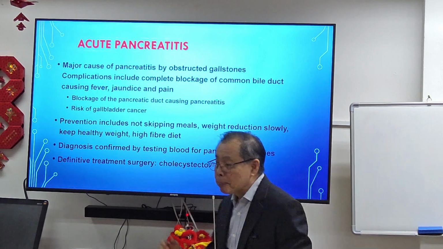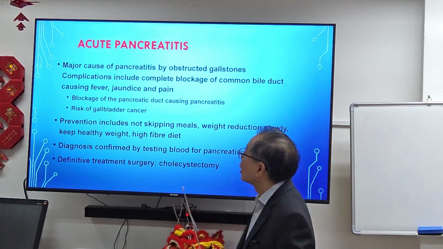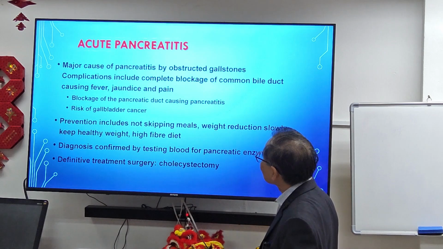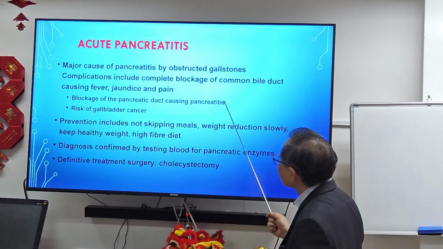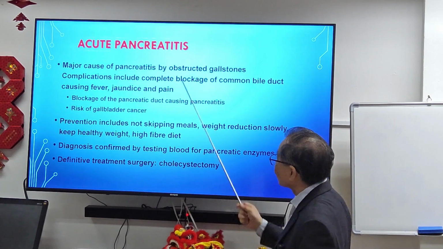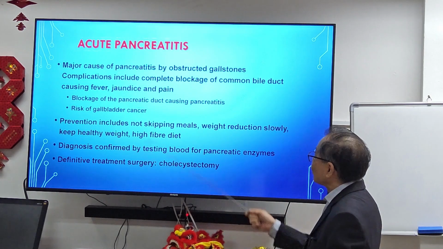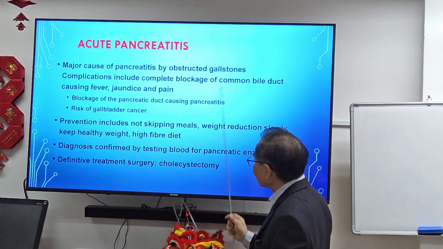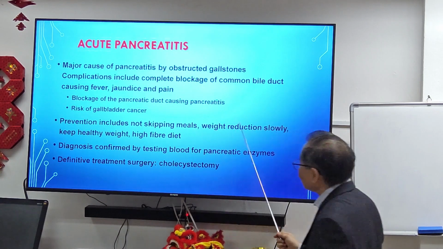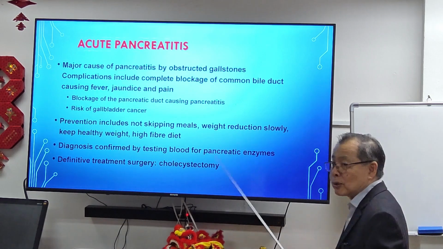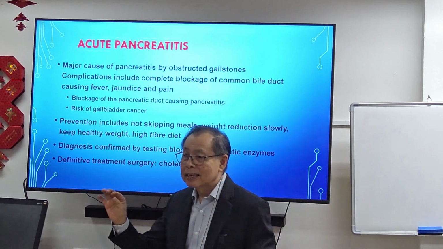Pancreatitis. Pancreatitis usually occurs as a result of obstructive gallstone. Complications, usually the blockage, causing fever, jaundice and pain, with all the risks therein. Prevention, you don't skip meals, reduce your weight, keep healthy, high fiber diet. And how do you diagnose it? A blood test.